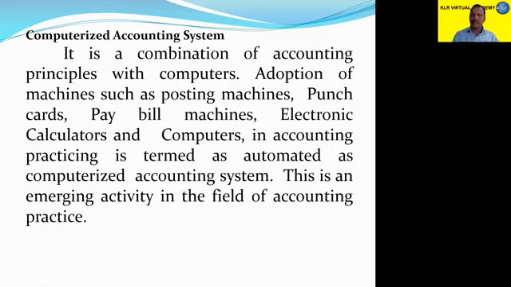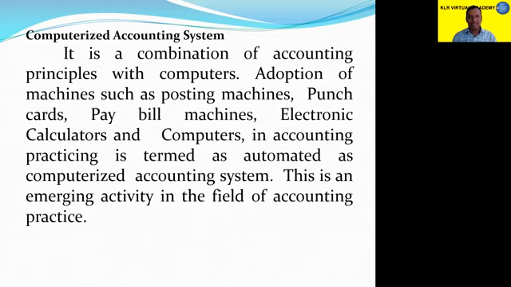It is a combination of accounting principles with the power of computers. If we use some technological tools or equipment in the accounting process, then it is called a computerized accounting system.